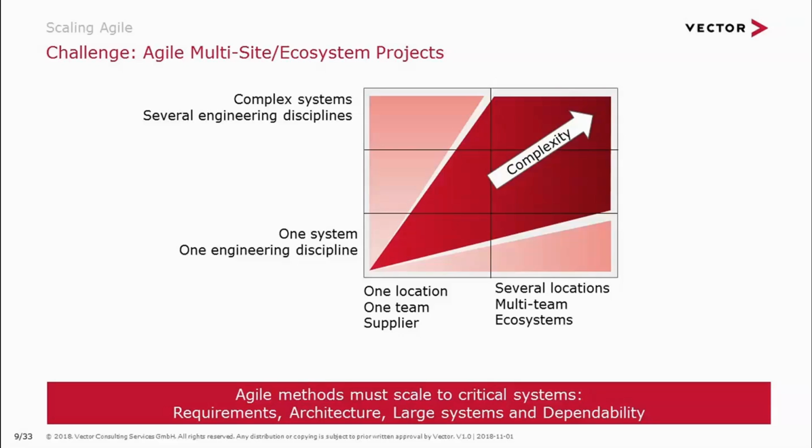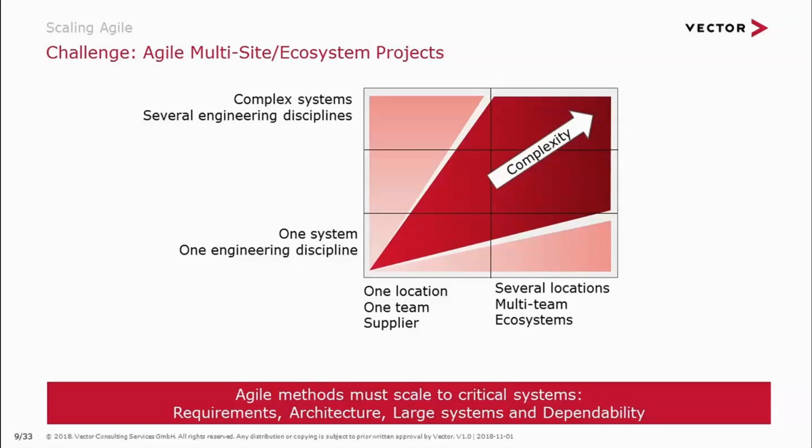We have ecosystem approaches, we have different big teams, and we often have not only one software development environment, but we have complex systems. We have often several engineering disciplines. We have embedded systems. We have ubiquitous systems. We have cloud technology, which interfaces with other techniques. In other words, the complexity has increased sharply since the times when the Agile Manifesto had been written.